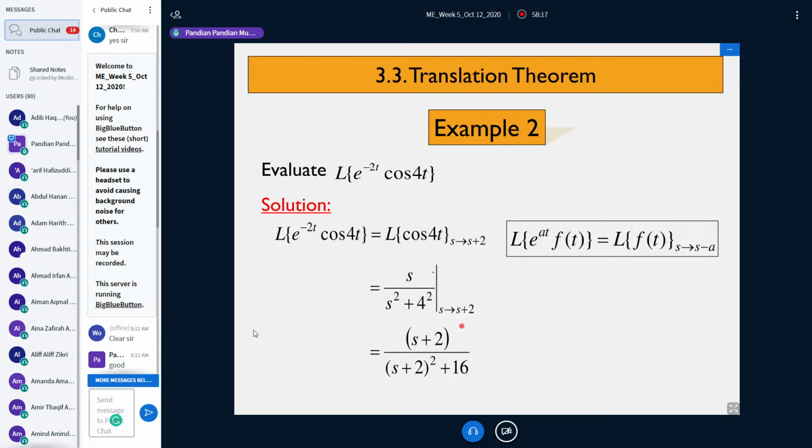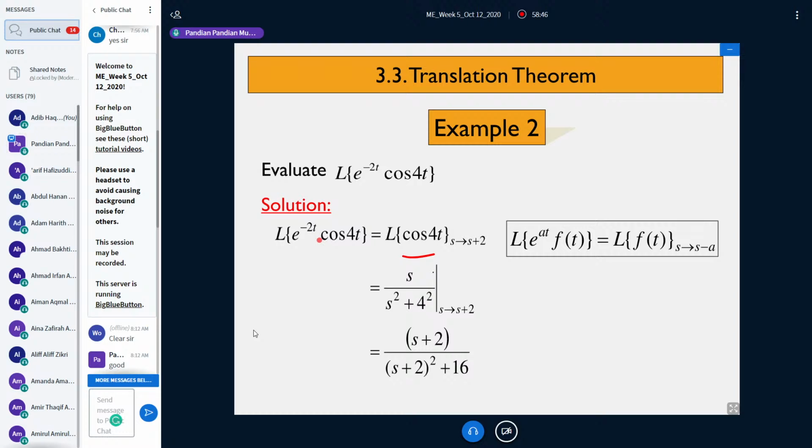So here, cos. For cos 4t, you know the famous formula, Laplace of cos kt. You must refer to table 3.1, slide number 18, transform of some basic functions. Laplace of cos 4t is well known, s over s squared plus 16.